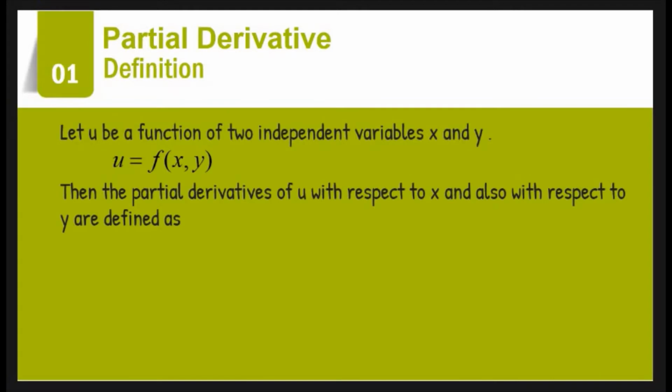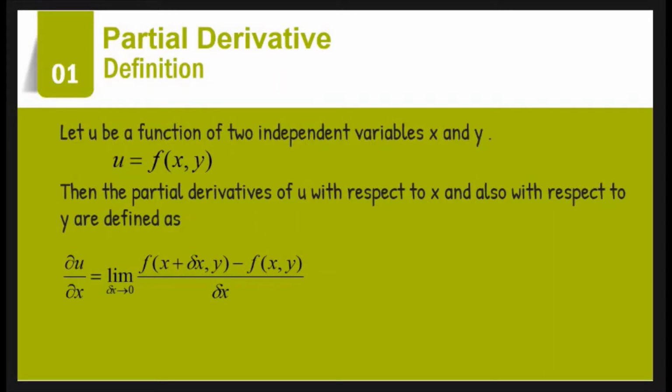Consider a function u which is a function of two variables x and y. Here u is the dependent variable and x and y are the independent variables. So here we have more independent variables. Now let me discuss finding the partial derivative of u with respect to x and also with respect to y. Dou u by dou x is the rate of change of the function with respect to x only.